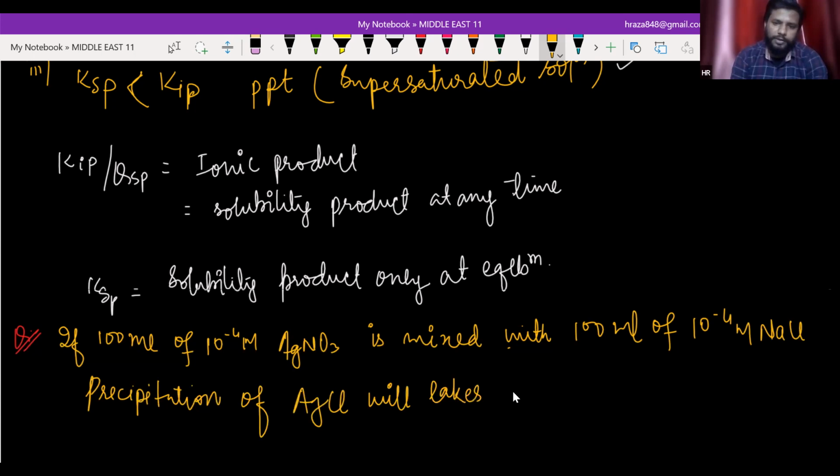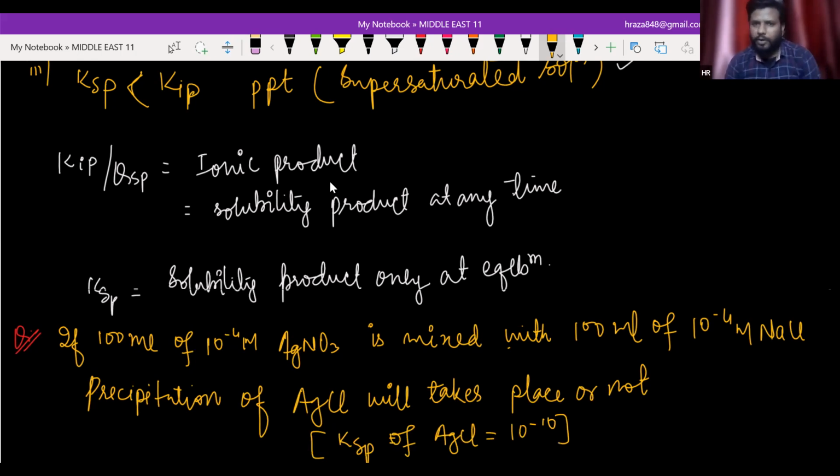Here Ksp of AgCl is given, equal to 10 raised to the power minus 10. Can you solve it?